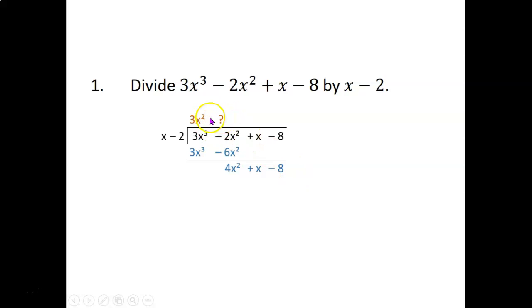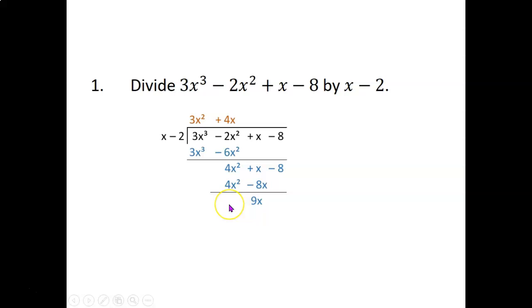What do I have to multiply times this x to get this 4x squared? Well, that would be 4x. So I'm going to take that 4x and multiply by x minus 2, and that gets me 4x squared minus 8x.